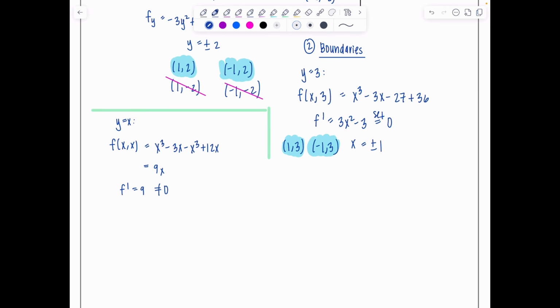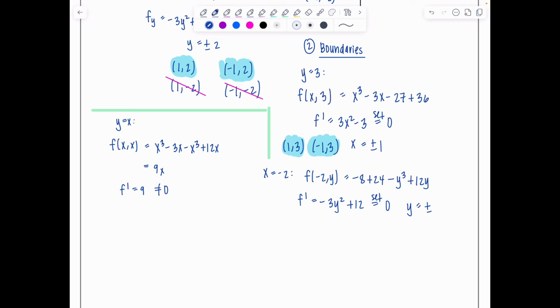Okay, next one. Let's do x is -2. So f of -2, y would be -8 plus 24 minus y cubed plus 12y. So f prime is going to be -3y squared plus 12. Set that equal to 0.